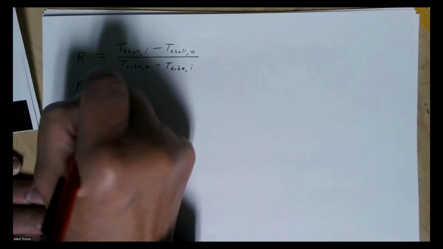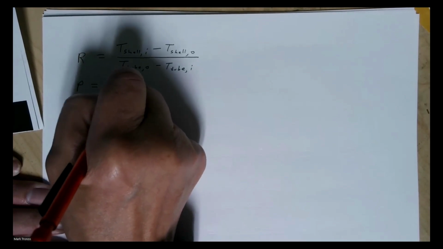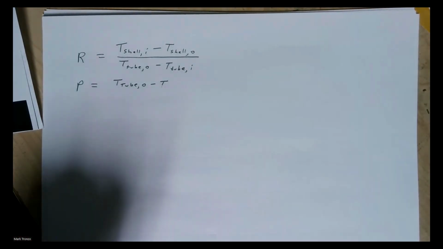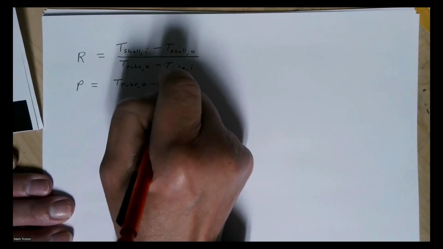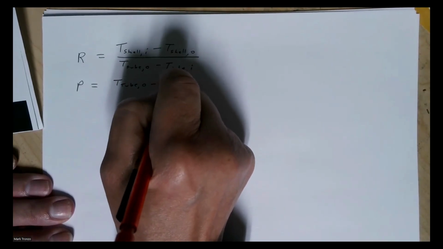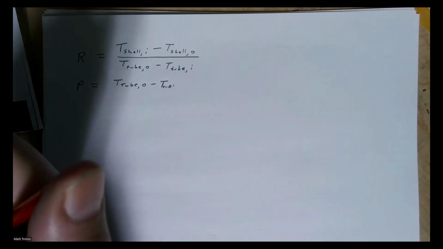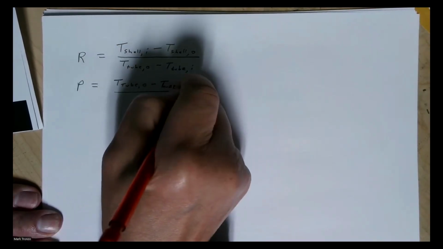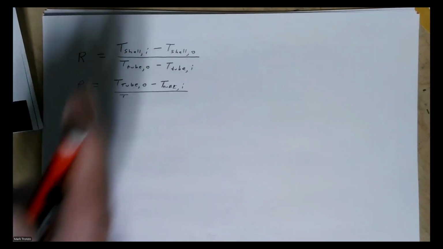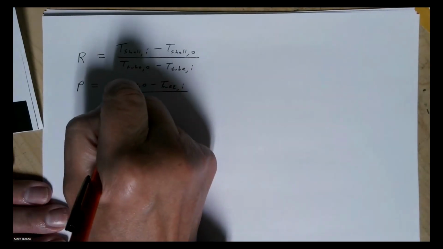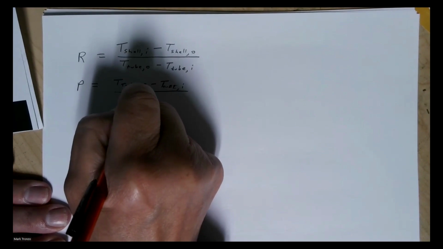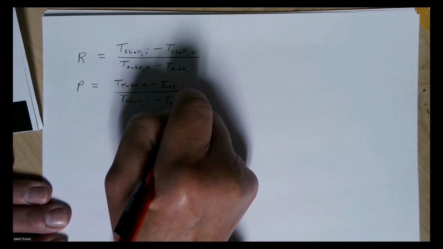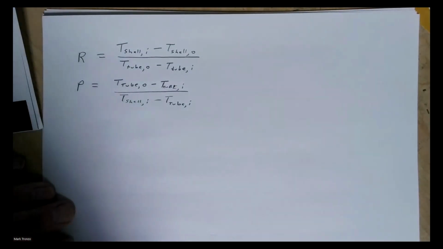And P is going to be T tube out minus T tube in divided by T shell in minus T tube in, like this.